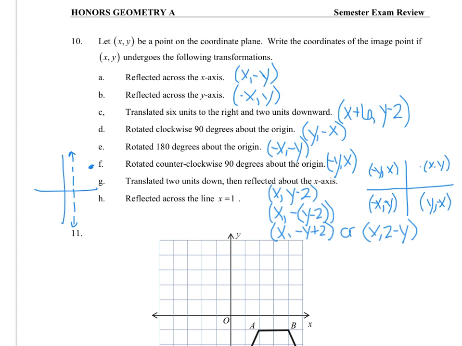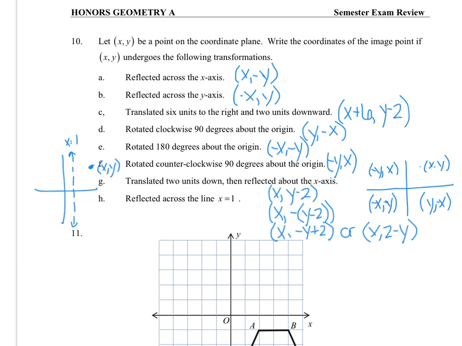We know a reflection means it's going to be traveling the same distance to the line of reflection and then again. So if this value right here is x comma y, we know it's going to be traveling to the line x equals 1. So this whole distance to the x-axis is going to be the distance of x, the x coordinate of the ordered pair. But we're actually not going to x equals 0, we're going to x equals 1.